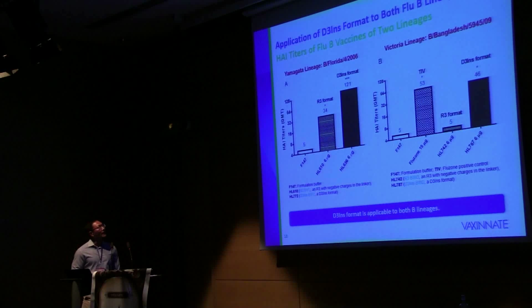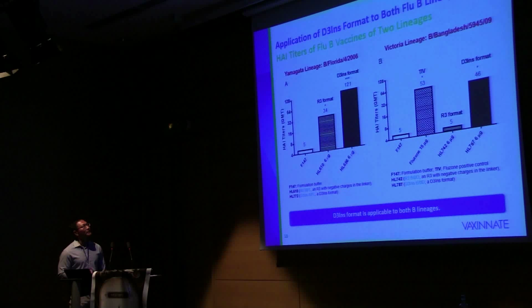So in order to test whether this format is generally applicable to other flu B lineages, we constructed two additional vaccines using the Yamagata lineage, which is B/Florida/2006, and the currently circulating Victoria lineage, which is B/Brisbane/2009.